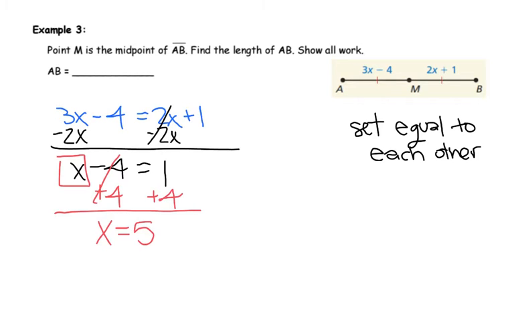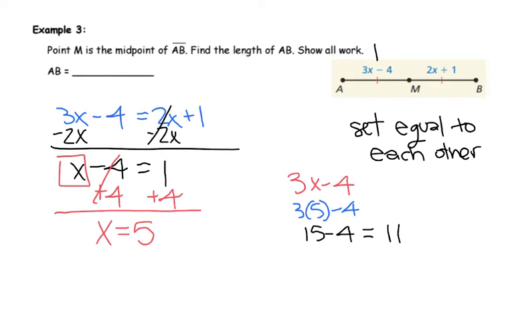Now, please do not tell me that is your answer, because you're not listening to the question here. It says, what is the length of AB? So that means I actually have to plug it back in. I'm going to look at the 3x minus 4. I just picked one, and I'm going to plug this in. So we get 3 times 5 minus 4. 3 times 5 is 15 minus 4 is 11.